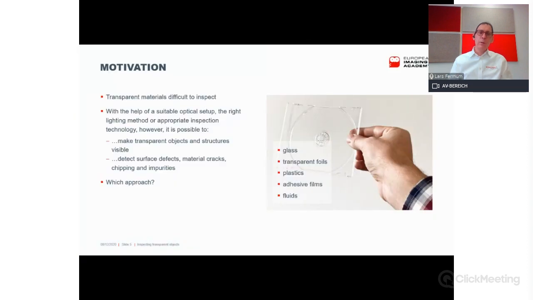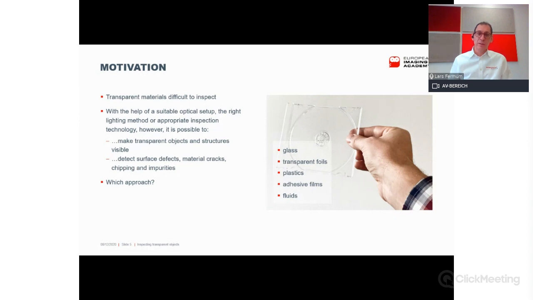Our motivation for why we deal with this topic today: transparent materials are often difficult objects to inspect. Just here, one example. But with the help of a suitable optical setup, the right lighting method, or appropriate inspection technology, it is possible to make transparent objects and structures visible, and we will be able to detect surface defects, material cracks, chipping, and impurities.